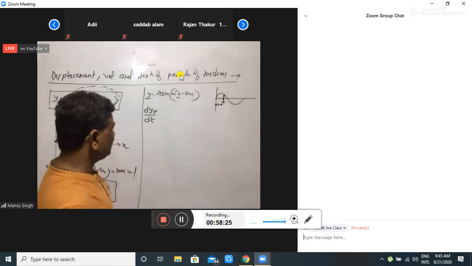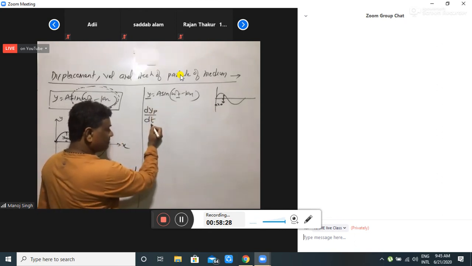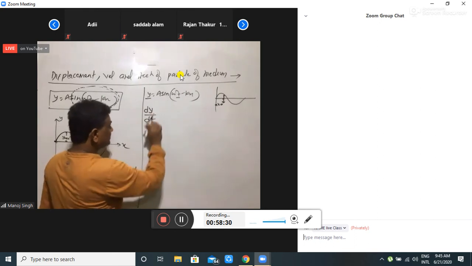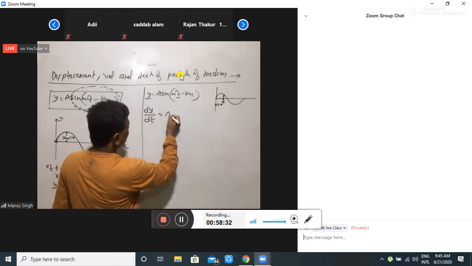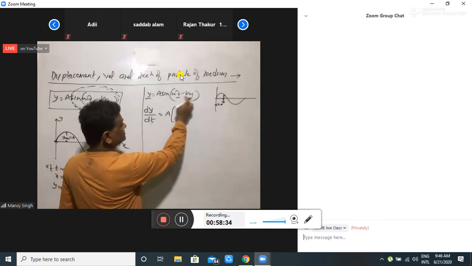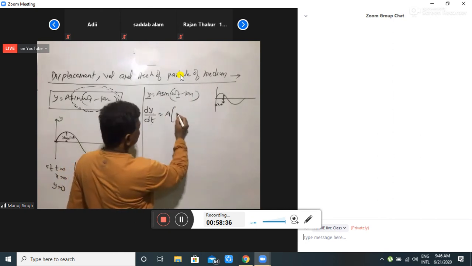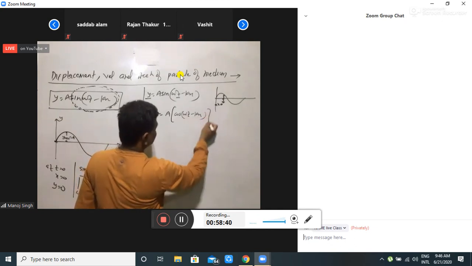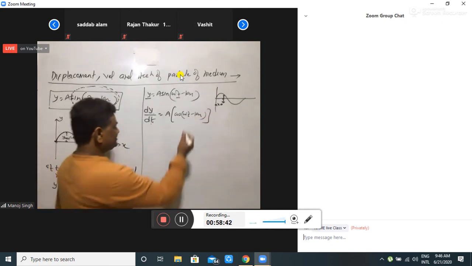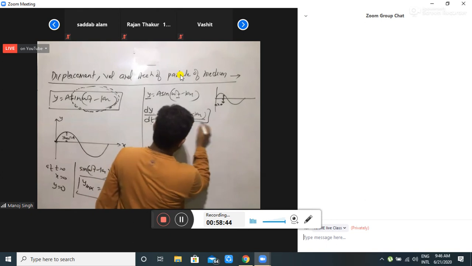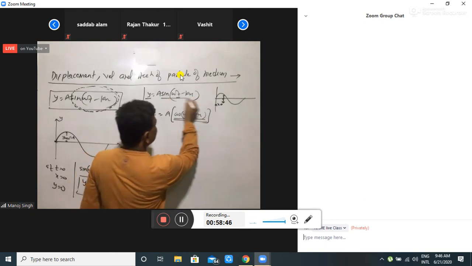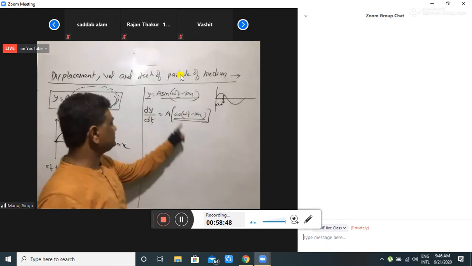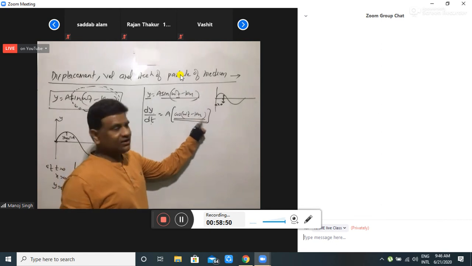So dy by dt is equal to a into the differentiation of sine of omega t minus kx, which is cos of omega t minus kx.